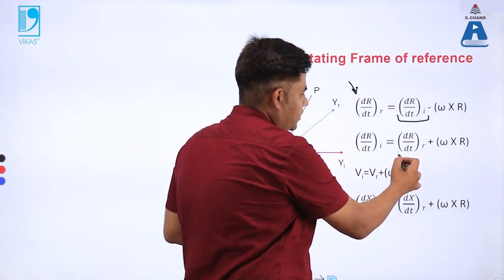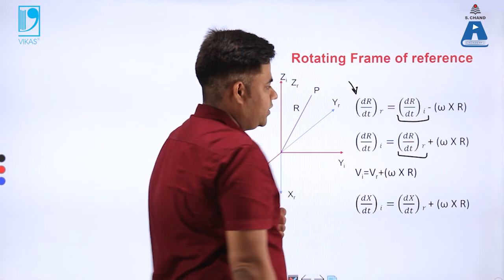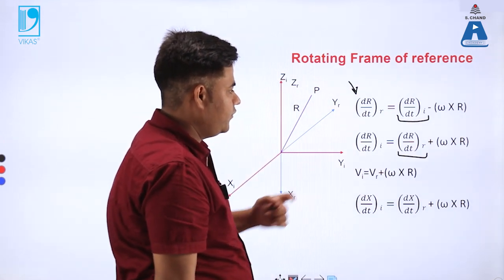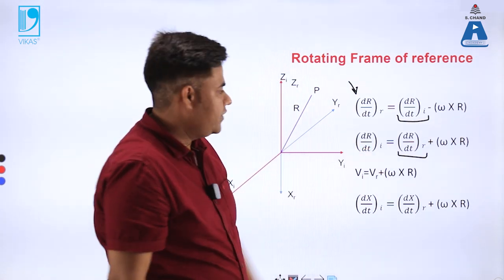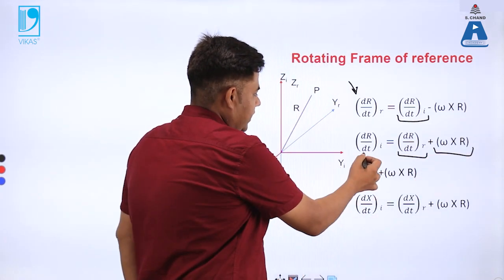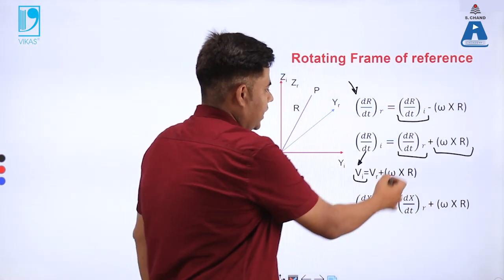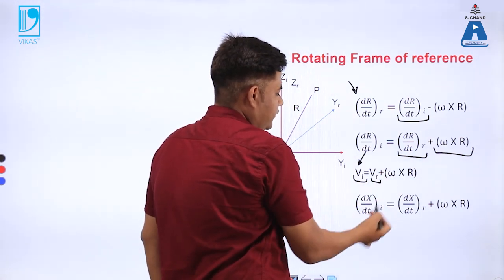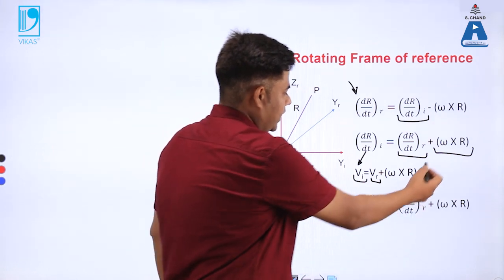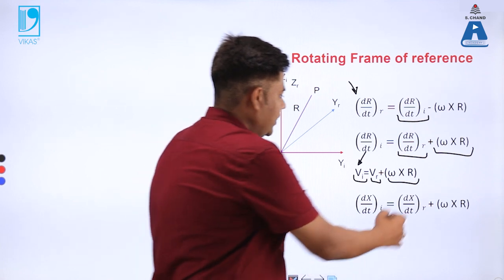So it becomes dr by dt for the rotating frame of reference plus omega into r. I can write the left part as the velocity for the inertial frame of reference, and this part as the velocity for the rotating frame of reference, and this remains the same. So we will get two expressions.